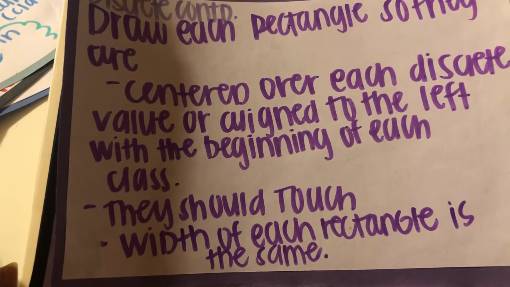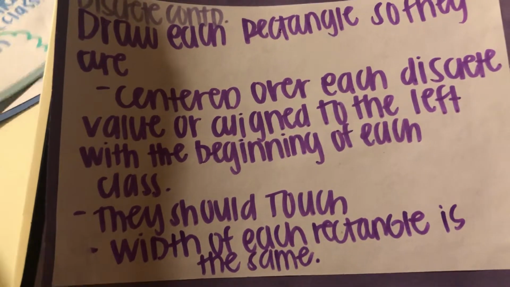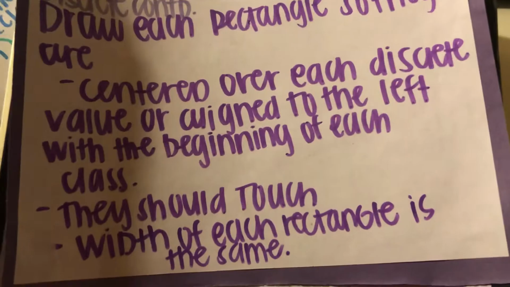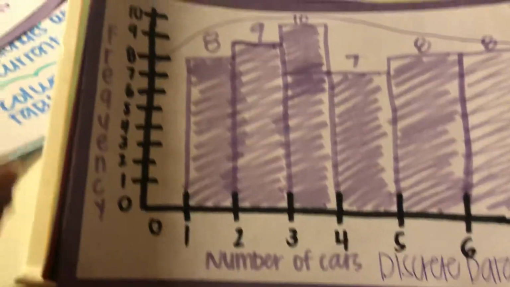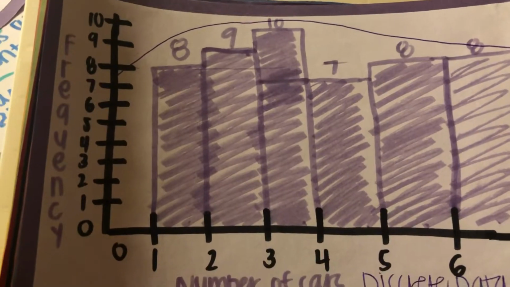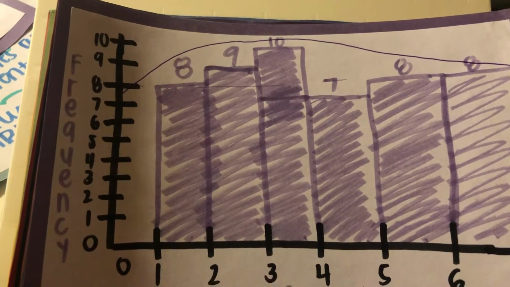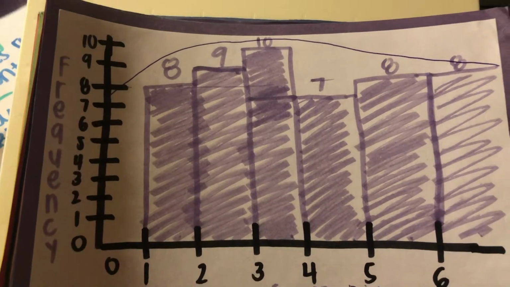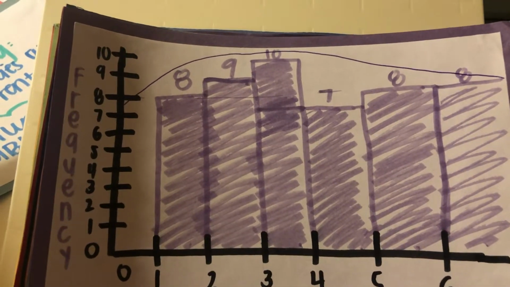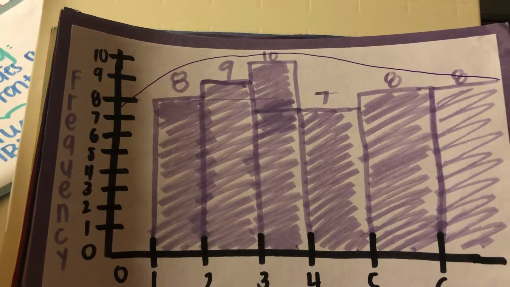They should touch, and the width of each rectangle is the same. So you see here on this frequency histogram that the rectangles are touching and the width is about the same.